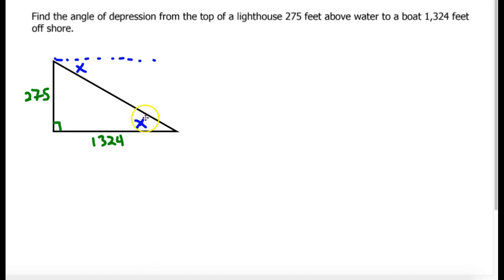Okay, so I can put my x here inside of my right triangle to solve for this angle, the angle of depression. So I need to label the sides with respect to this angle. This would be opposite. This would be adjacent. So yet again, we're going to use tangent because tangent is opposite over adjacent.